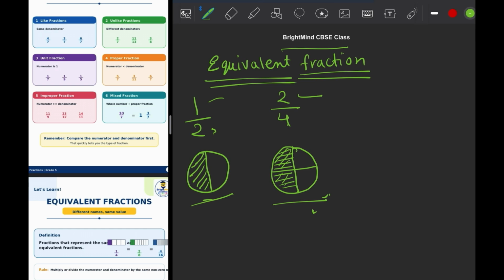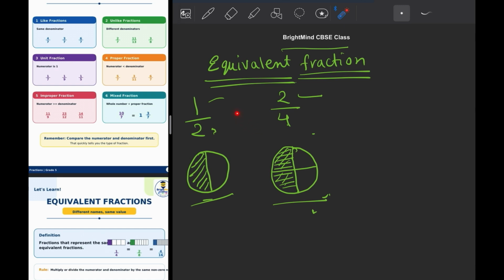So that's why we are saying those two fractions are equivalent. 1/2 and 2/4 are both equivalent. So let's take one more example.